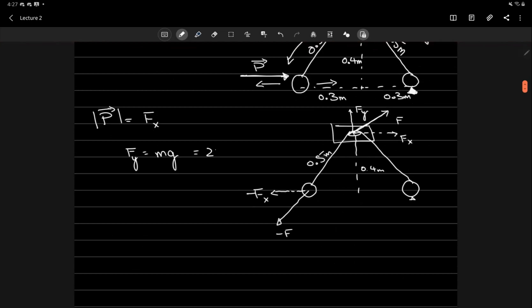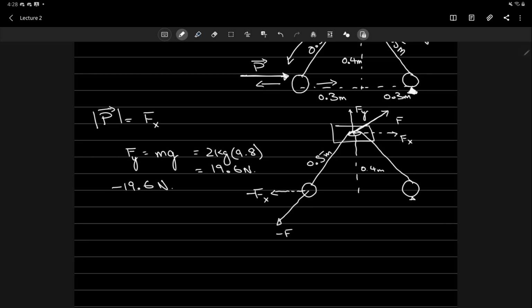So 2 kilograms times 9.8 would give you 19.6 newtons, right? So that's the Fy component. So the vertical force on the roller would be equal but opposite, again from Newton's third law, and it would be negative 19.6 newtons, right?